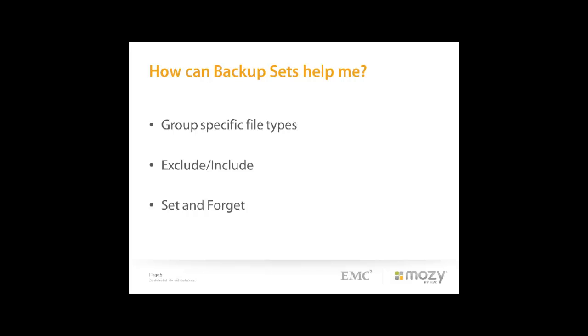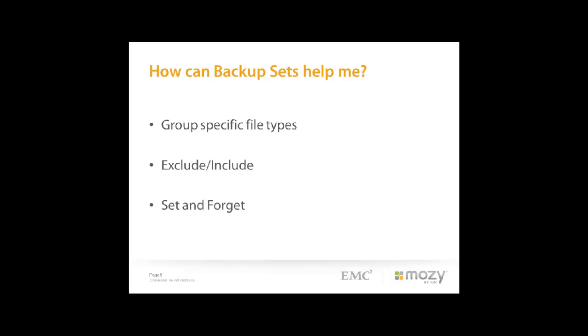Set and forget. That goes back to what I mentioned a while ago: you can select a backup set, and if it's searching for particular file types that you want to back up on a regular basis, and you're creating files of that type regularly, then by selecting the backup set, and having it search maybe the entire directory, any file you create, say for example a .doc, saved in any location on my machine, the backup set would pick up when I save it and add it to my backup.